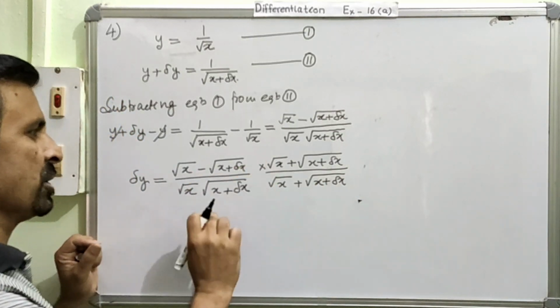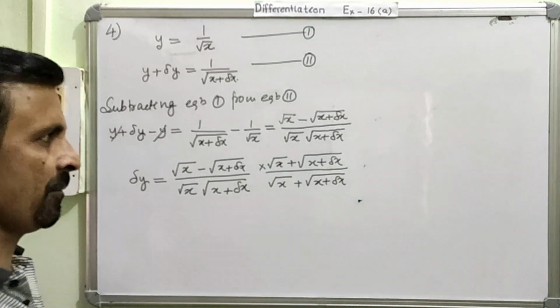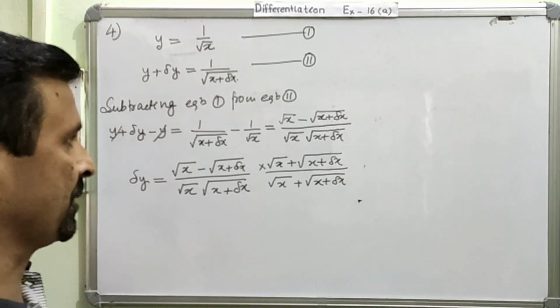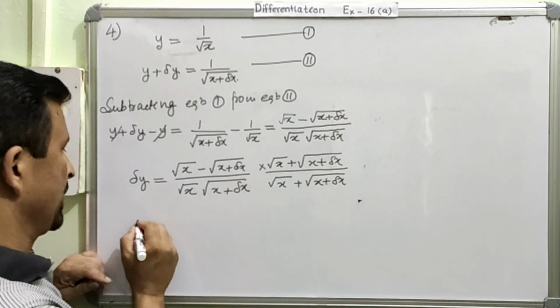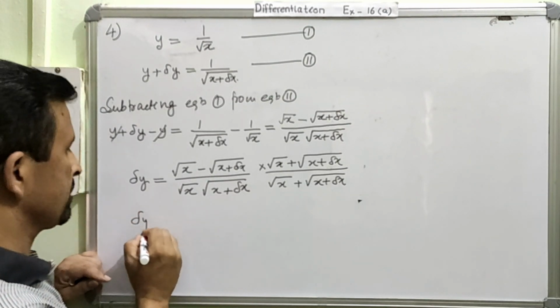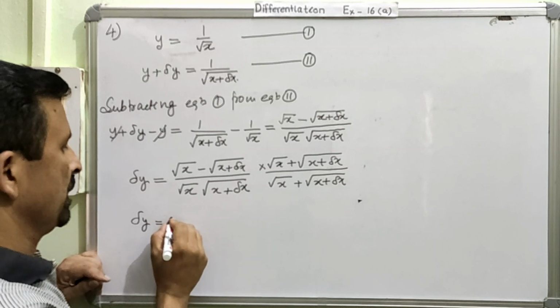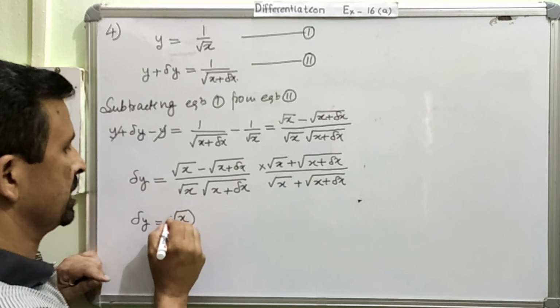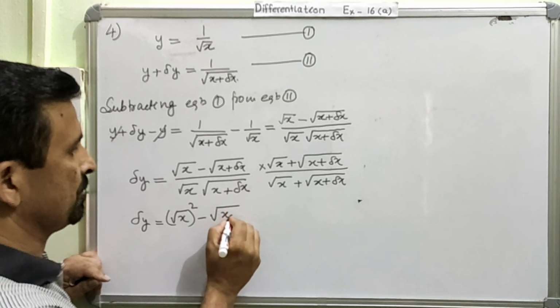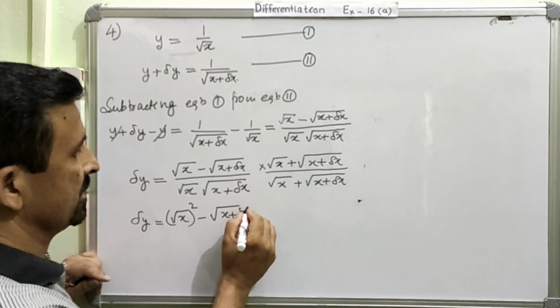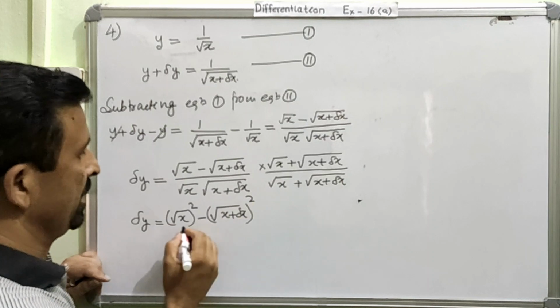Clear? Now by doing so you can see the numerator will come in the form of a difference of squares. So the numerator can be converted into a difference of squares. So delta y is equal to root of x square minus root of x plus delta x square.